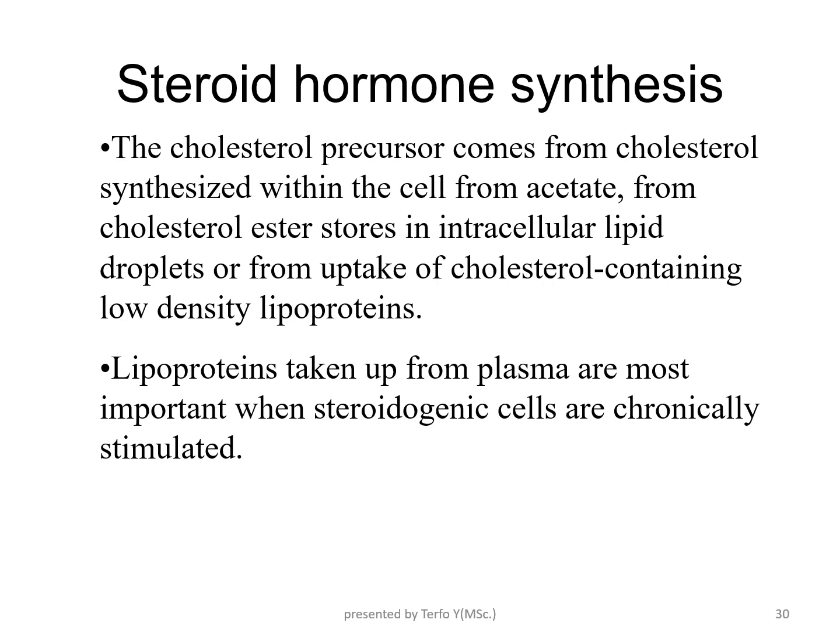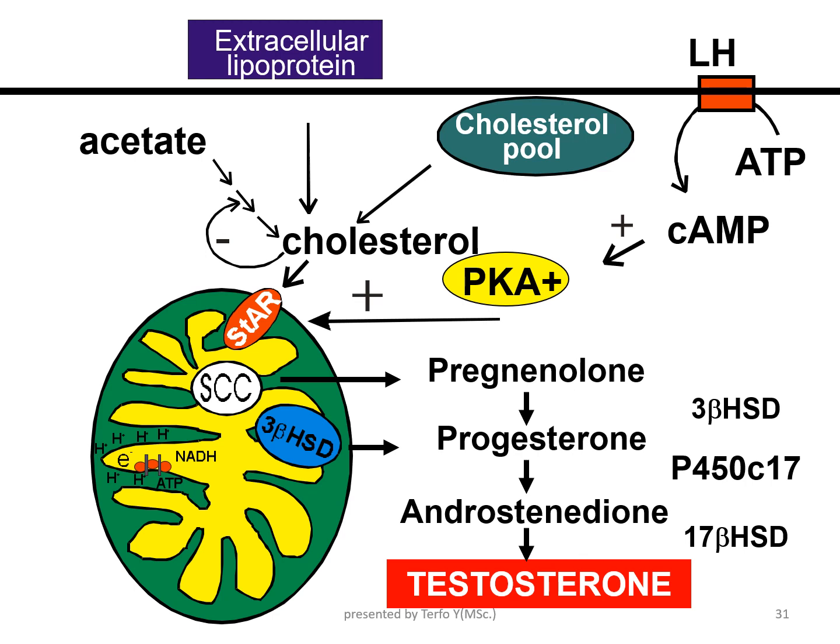The cholesterol precursor comes from cholesterol synthesized within the cell from acetate, from cholesterol ester stored in intracellular lipid droplets, or from uptake of cholesterol-containing low density lipoprotein. Lipoprotein taken up from plasma is the most important when steroidogenic cells are chronically stimulated.